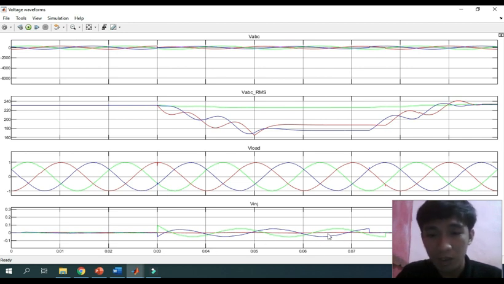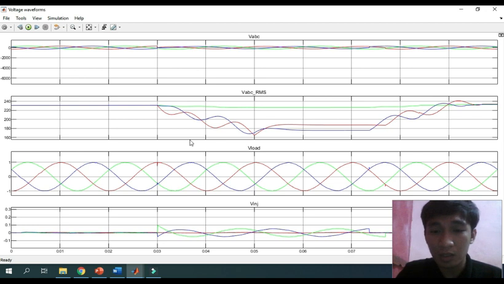But when we add the DVR, it can be seen from the result that the DVR can compensate the voltage sag by injecting the right amount of voltage when the sag occurs at the supply side. So the voltage is reduced to 200 and 100 volt, and the injection by the DVR is 100 and 200 volt to regulate the load voltage, which proves the reliability of the DVR in monitoring and minimizing the voltage sag.